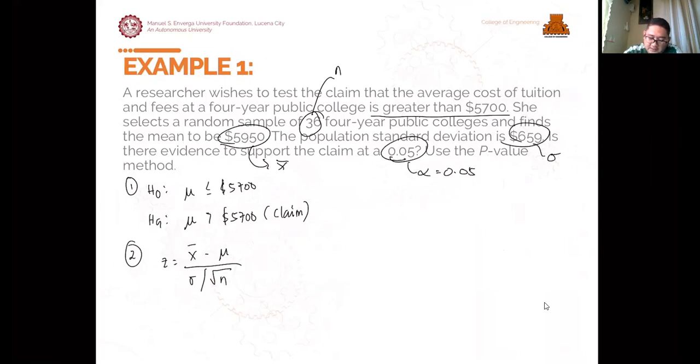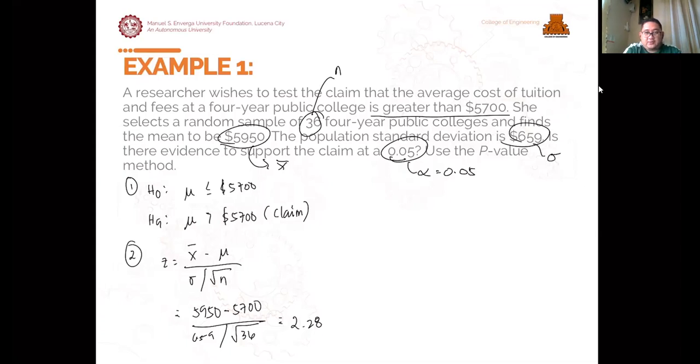Okay? So, using to, we have 5,950 minus yung 5,700 natin all over 659 over square root of 36. Yung value niyan is 5,950 minus 5,700 over 659 over square root of 36. We have 2.28.